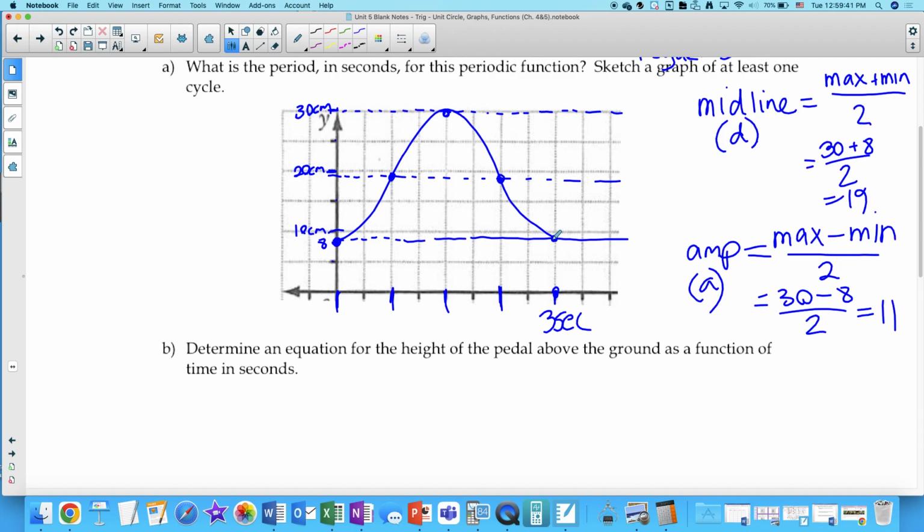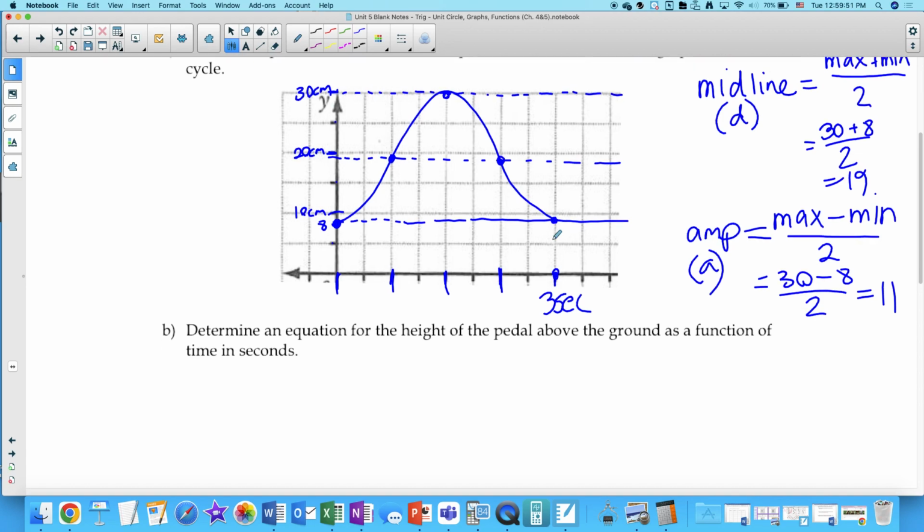Who said cosine? Did you say cosine? Okay. I would probably use a cosine function as well. Because one thing to keep in mind is that sine starts in the middle. Cosine starts at the top.